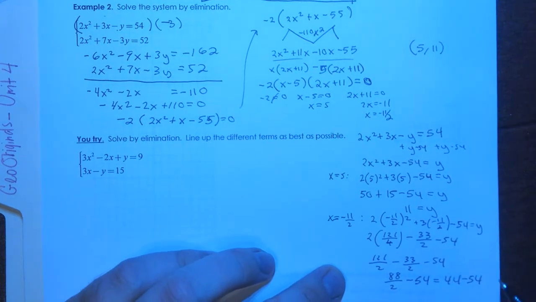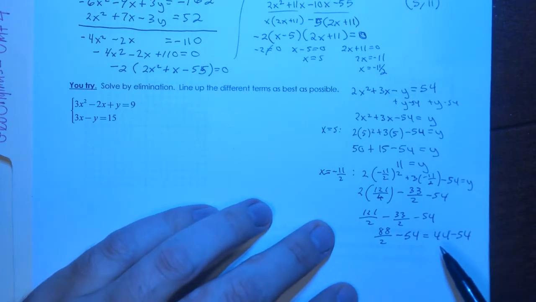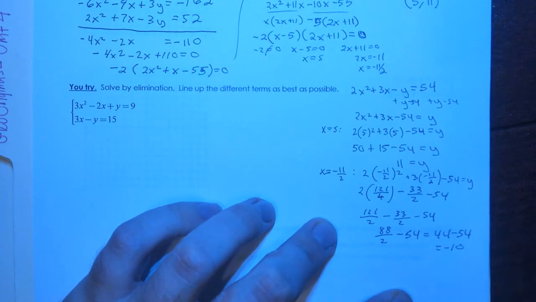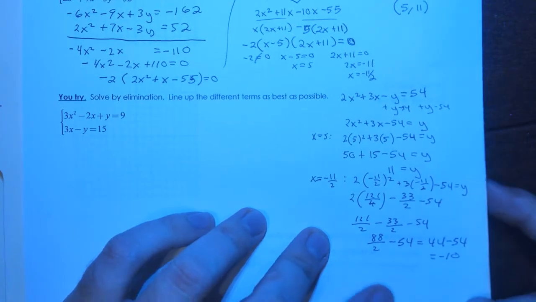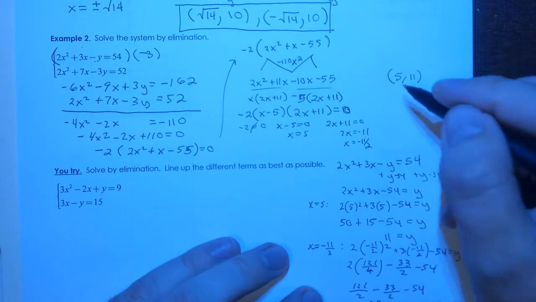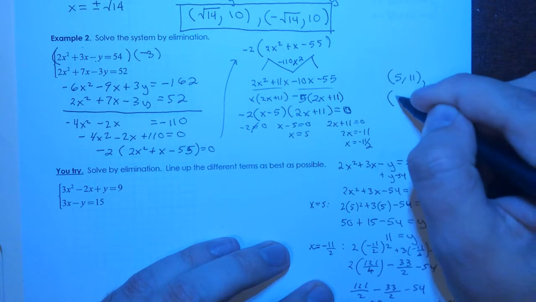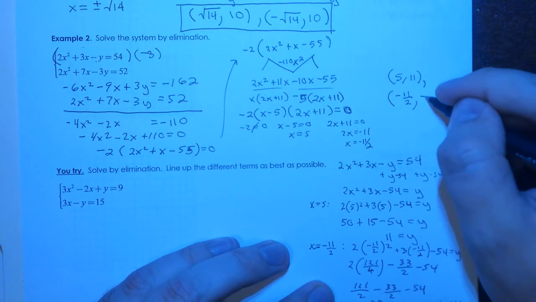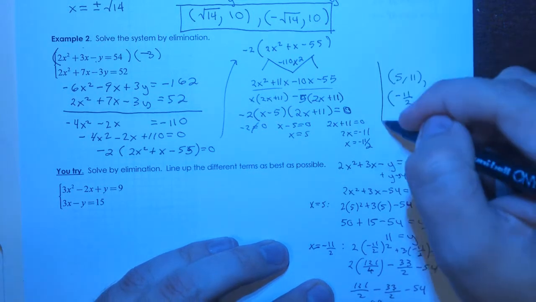So it's a fair amount of work to get there, but we ultimately do get a fairly simple answer. The y coordinate to go with x negative 11 halves is simply negative 10. So my solutions then are 5, 11, and negative 11 halves, negative 10.